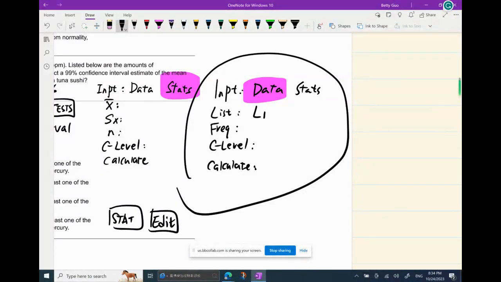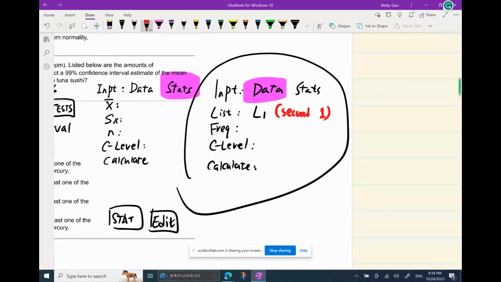Let me know if you need help with entering L1. How do you enter L1? You press the blue key, second, and L1 is above the 1 key. And then I can just leave the frequency as 1.